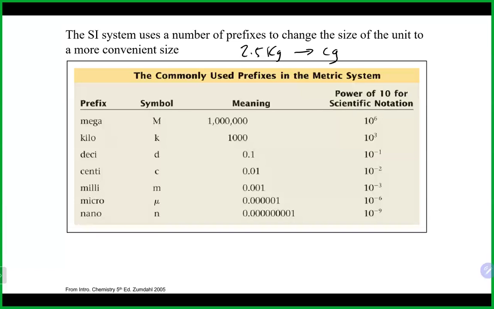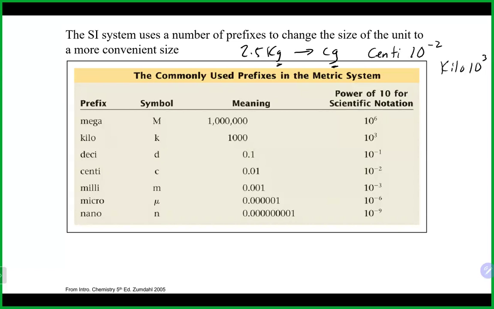The base unit here is grams. The reason it's a good idea to go back to that base unit is you could very easily find from this table the centi conversion, which is 10 to the minus 2. You could also find the kilo conversion we just did, which is 10 to the 3.